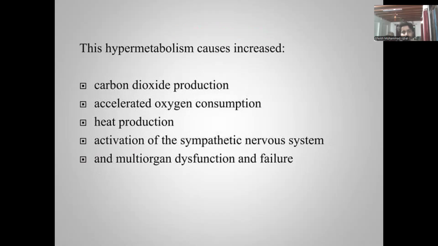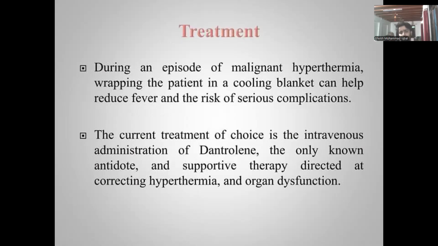Hypermetabolism causes increased carbon dioxide production, accelerated oxygen consumption, heat production, activation of both the sympathetic and parasympathetic nervous systems, and multi-organ failure. The treatment is to wrap the patient in a cooling blanket to reduce the fever and risk of serious complications.